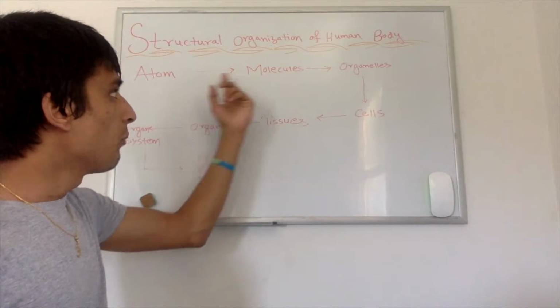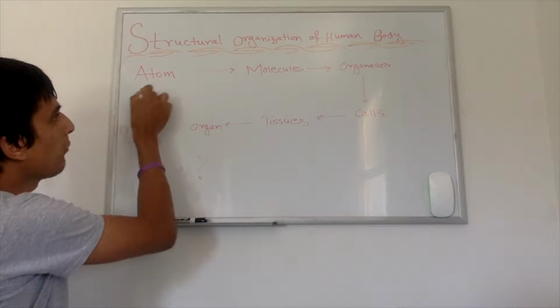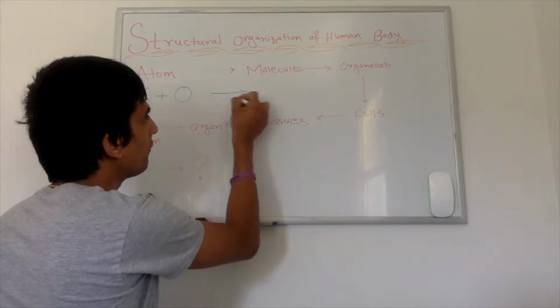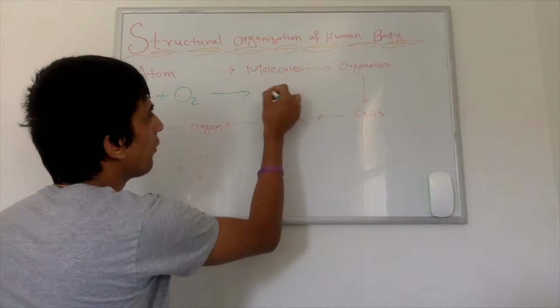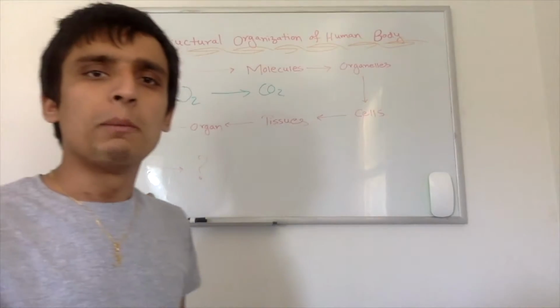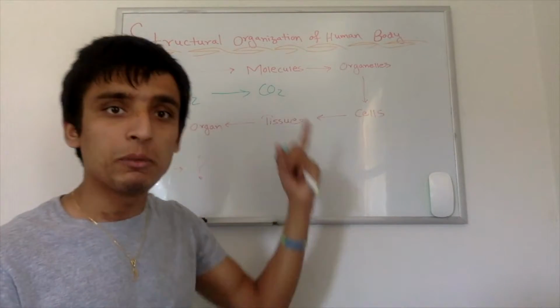This atom combines to form molecules. Let me give you one example: a carbon atom and oxygen atoms can combine to form carbon dioxide. So this is a molecule. The basic thing here is to understand how atoms form molecules.